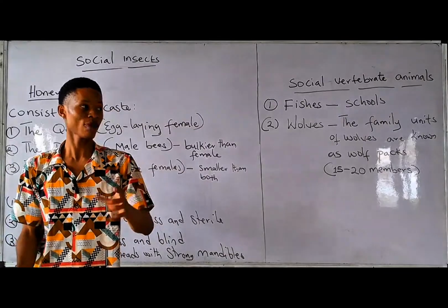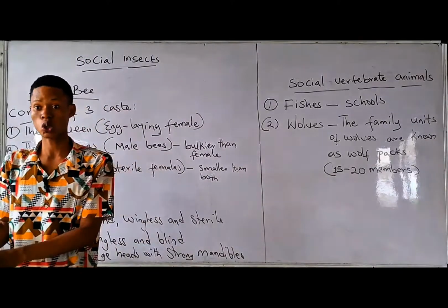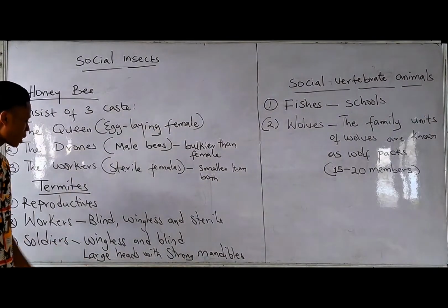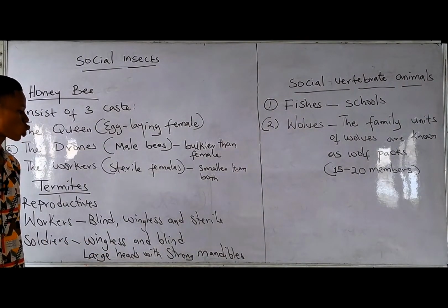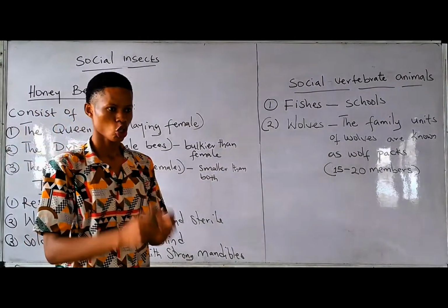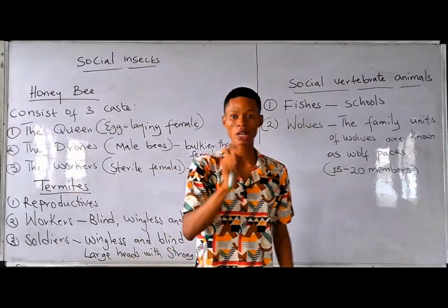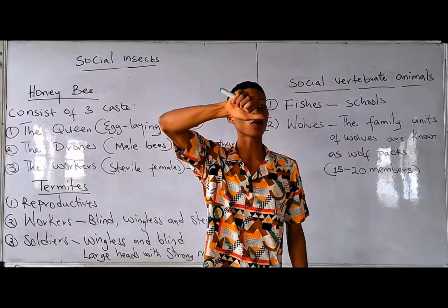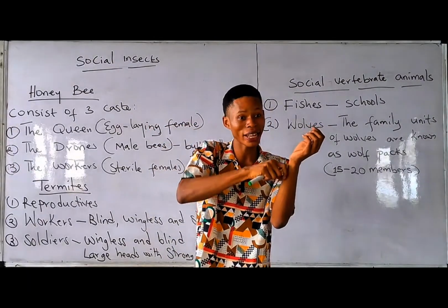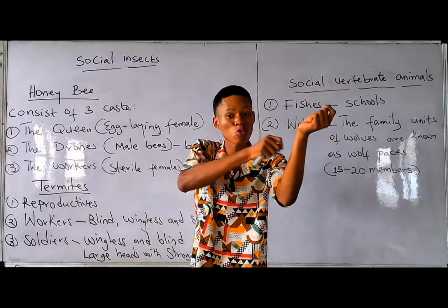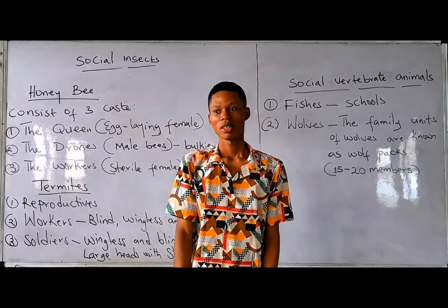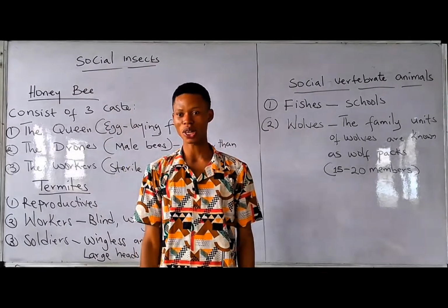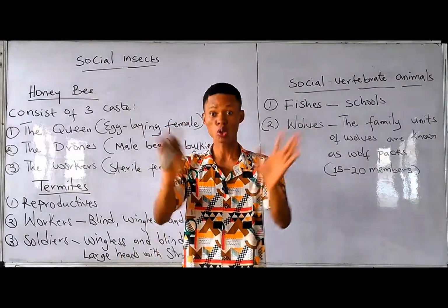So the soldiers are wingless, blind, with large heads and strong mandibles. If they bite you, their mandibles can cut into your leg if you try to drag it out.